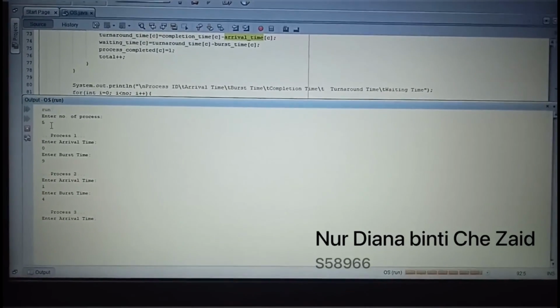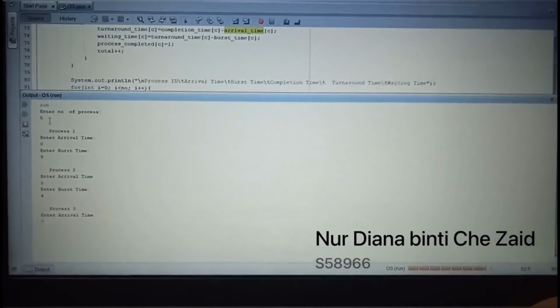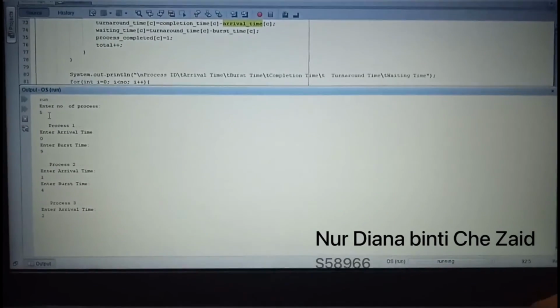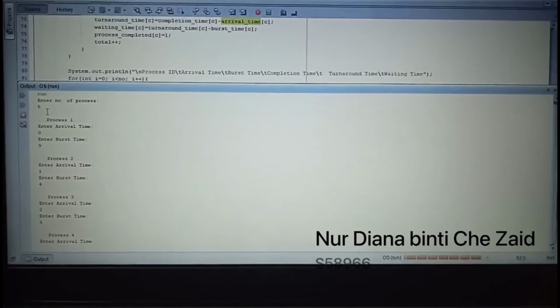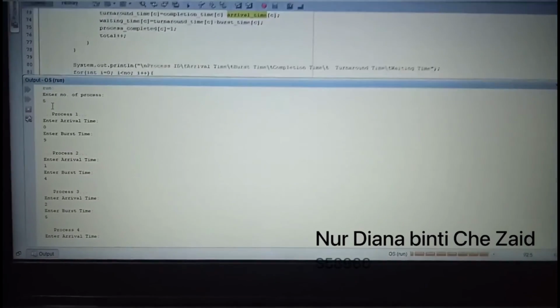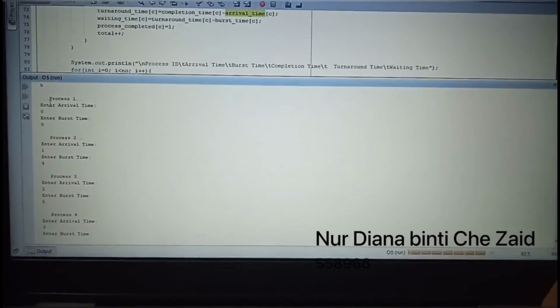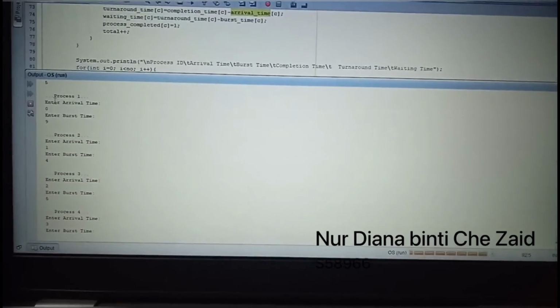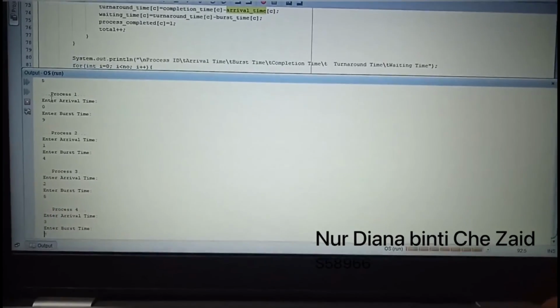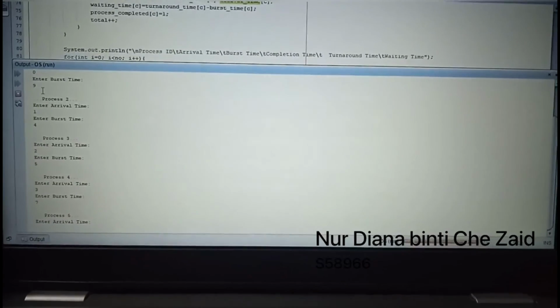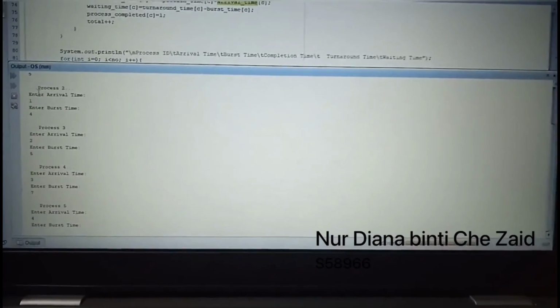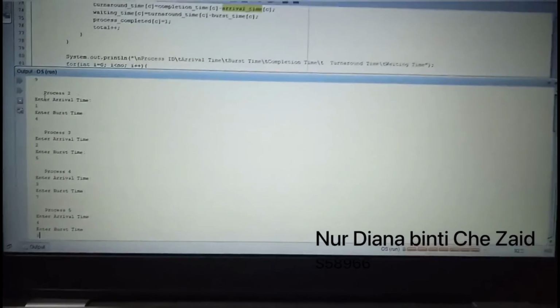Arrival time for the third is 2, and burst time is 5. Next is 3 and burst time is 7. And the last one, the arrival time is 4 and burst time is 3.